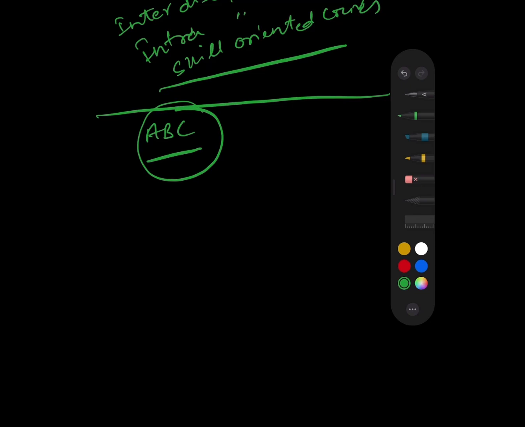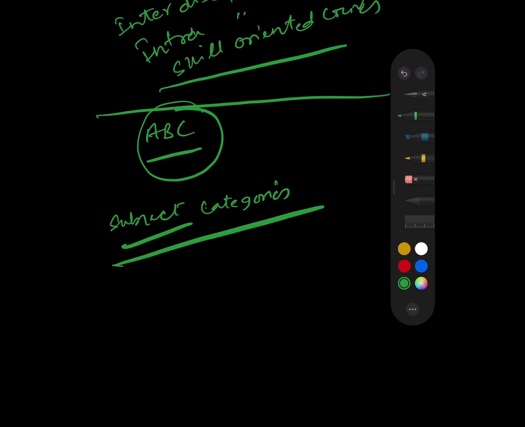In the CBCS system, we have various kinds of subject categories. One is the core courses. We should be very attentive and particular about using the terms related to the CBCS system. Core, not core papers. These are core courses.